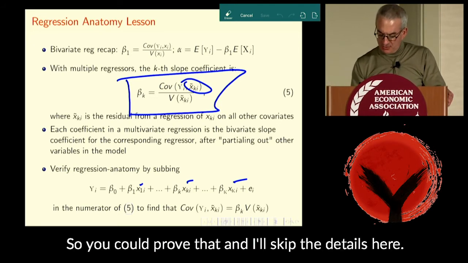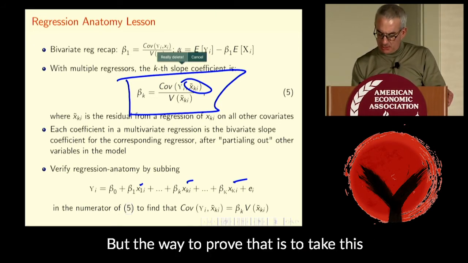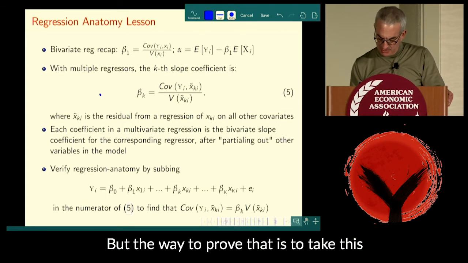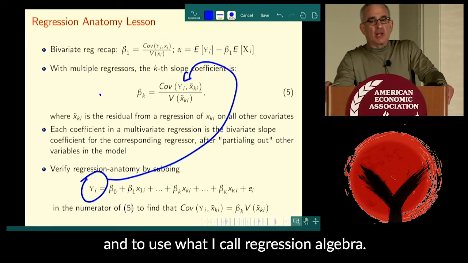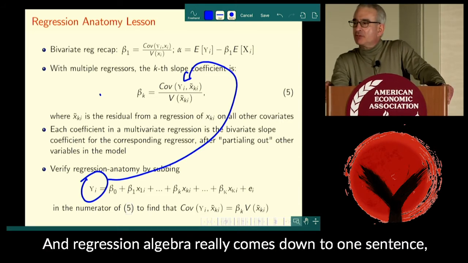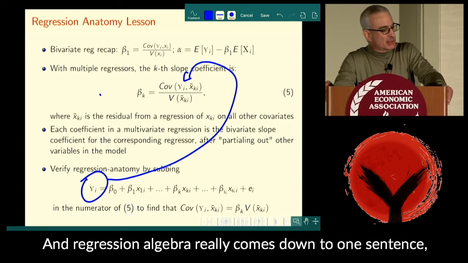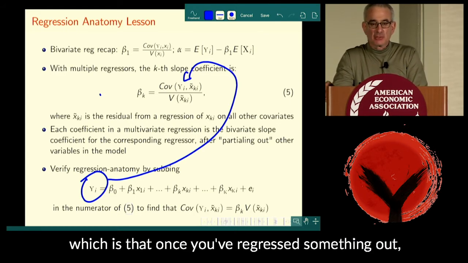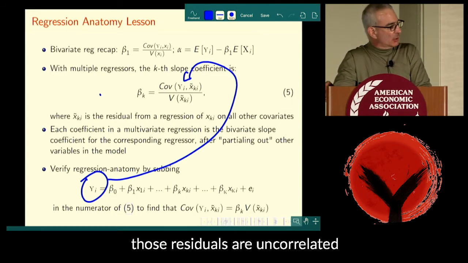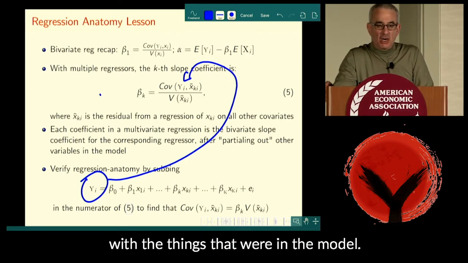You could prove that, and I'll skip the details here, but the way to prove that is to take this and substitute it in there, and to use what I call regression algebra. Regression algebra really comes down to one sentence, which is that once you've regressed something out, those residuals are uncorrelated with the things that were in the model.